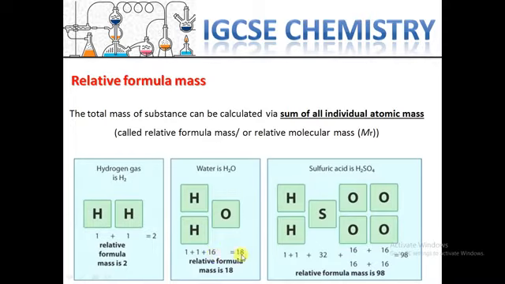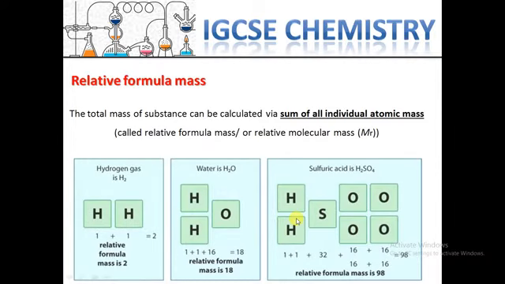So the total would be 18. 18 is the relative formula mass or relative molecular mass of water. For sulfuric acid, which is H2SO4, we have two hydrogen, one sulfur, and four oxygen.